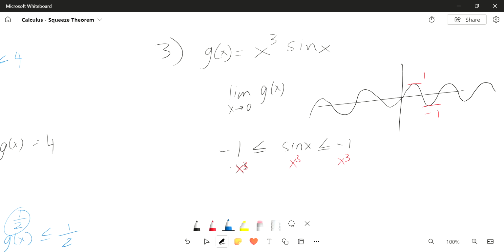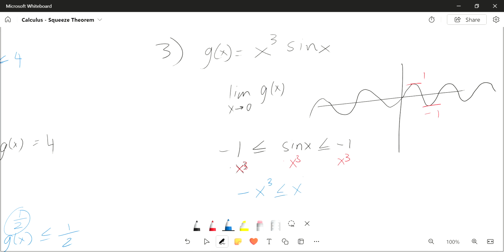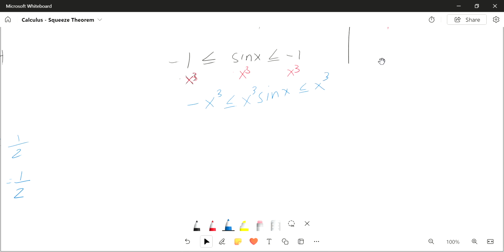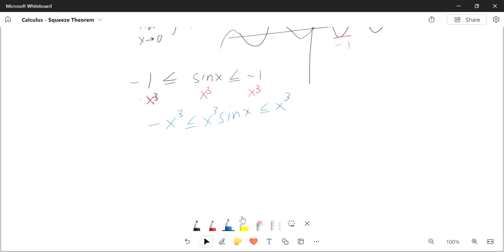So now you get negative x cubed is less than or equal to x cubed sine x, which is less than or equal to x cubed. This looks more like a regular squeeze theorem setup.